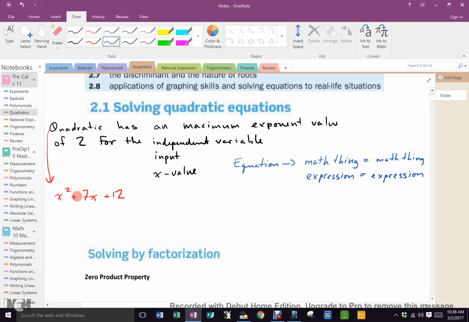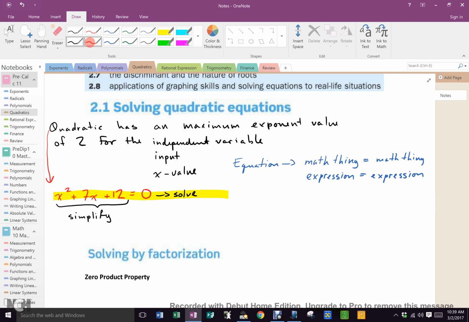So this right now is not a quadratic equation, is it? But once I do this, it is. Everybody cool? Once I have an equal sign, this whole thing I can simplify, I can solve. Do you understand the difference? Yeah? Everybody's cool?